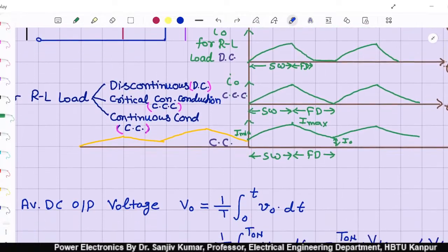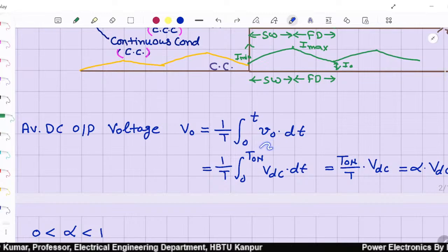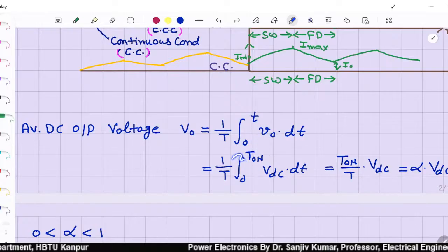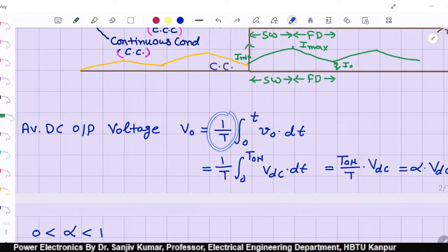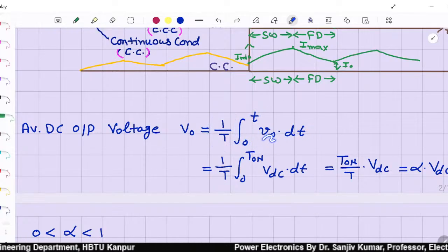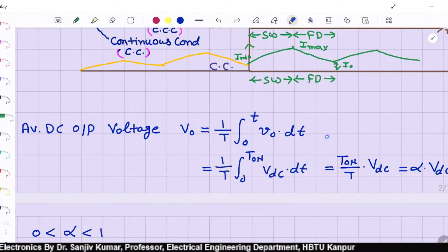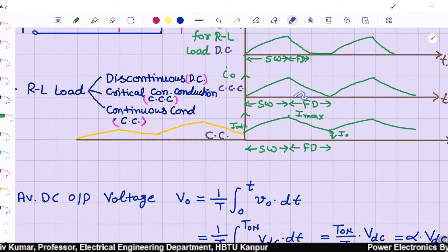Now, if we talk about the average output voltage, the output is appearing for the duration of T on. So the total time period is T. So 1 by T, integration 0 to T on, VDC dt, and after that it is 0 from T on to T on plus T off, right?